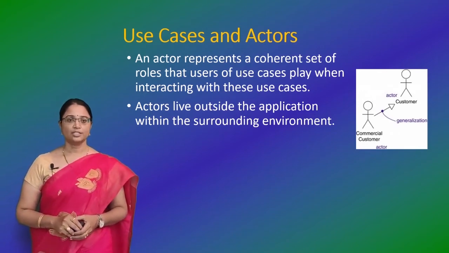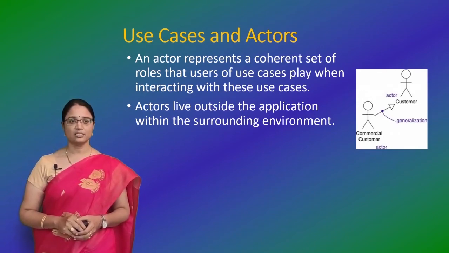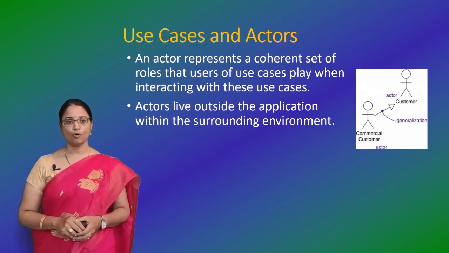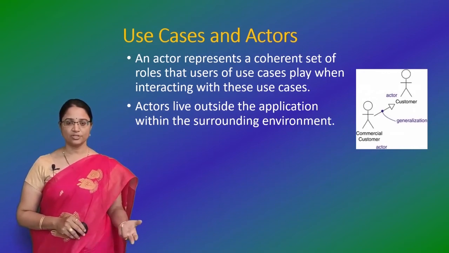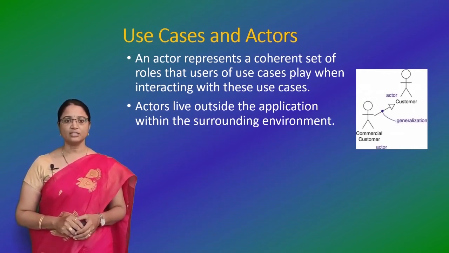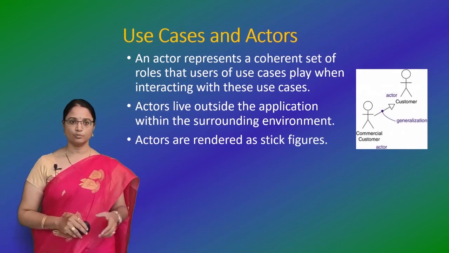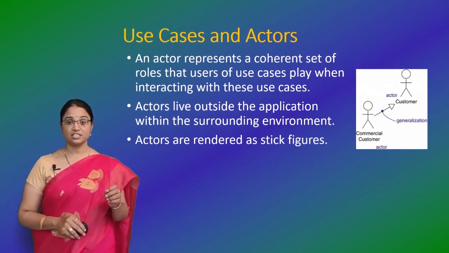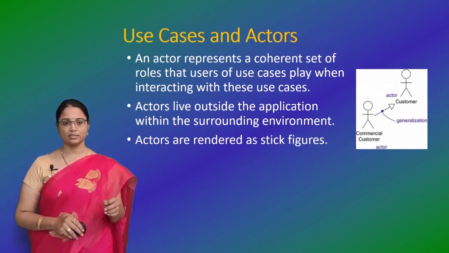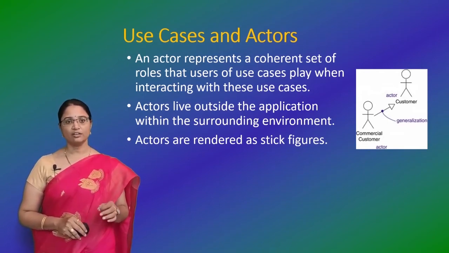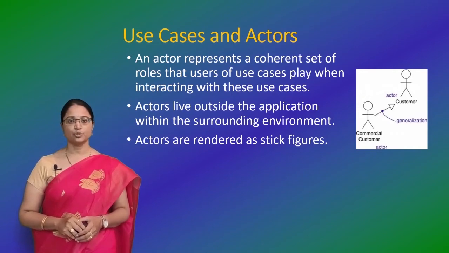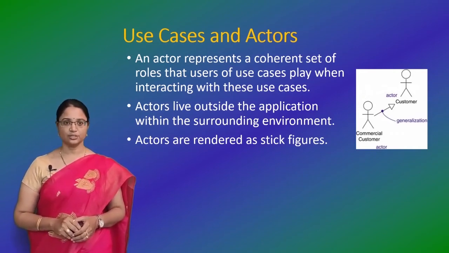In an executing system, actors need not exist as separate entities. One object may play the part of multiple actors. For example, one person may be both a loan officer and a customer. An actor represents one aspect of the object. Actors are rendered as stick figures, as I told you. You can define general kinds of actors and specialize them using a generalization relationship.